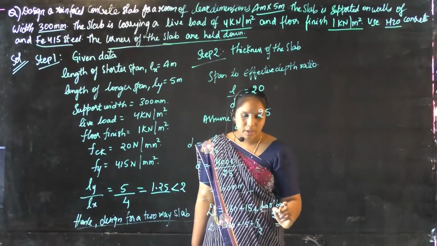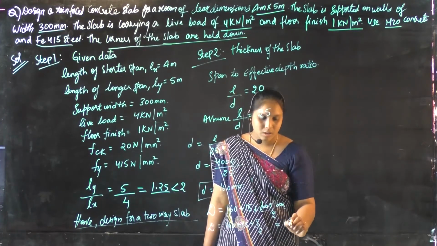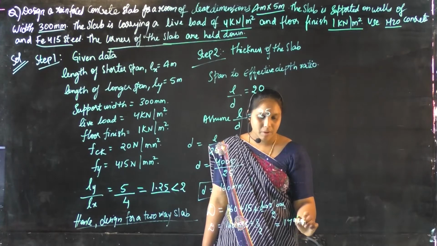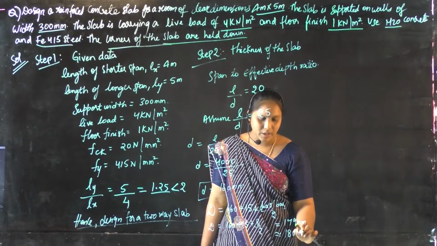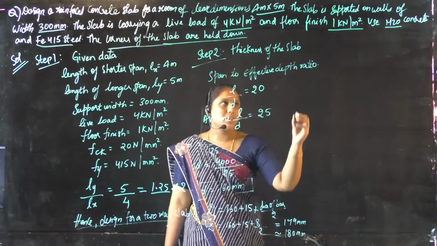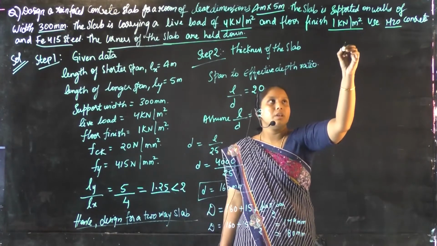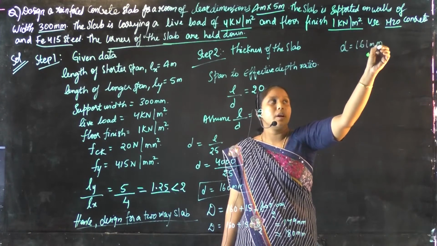So it will be the overall depth. The overall depth will be 179 mm. Approximately I want to take it as 180 mm. As I have increased it by 1, I want to take the effective depth d as 161 mm.